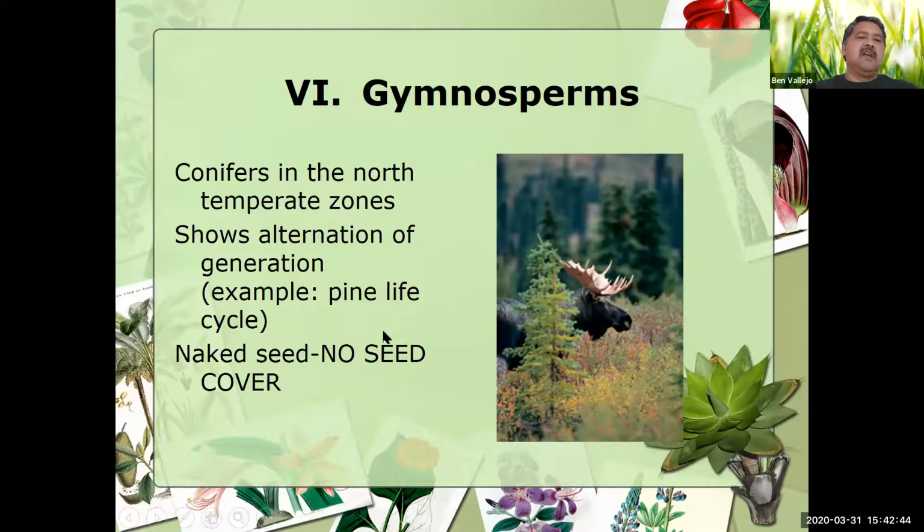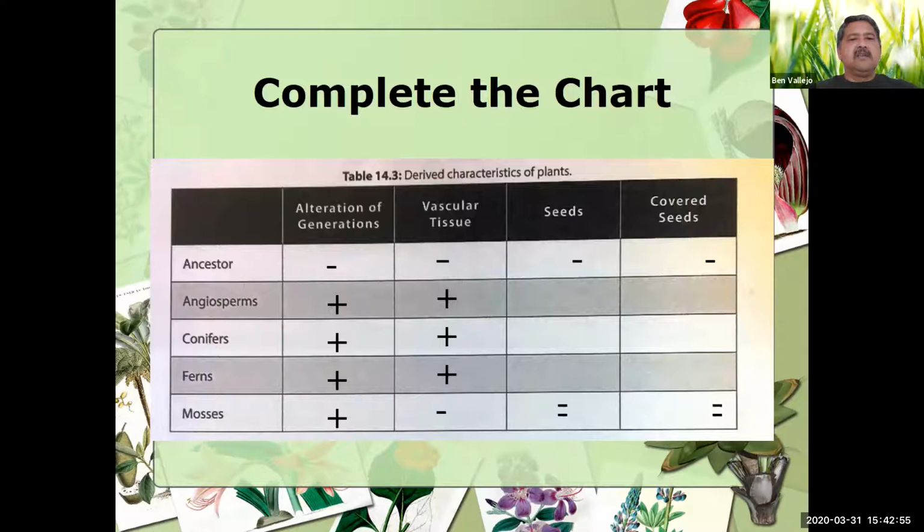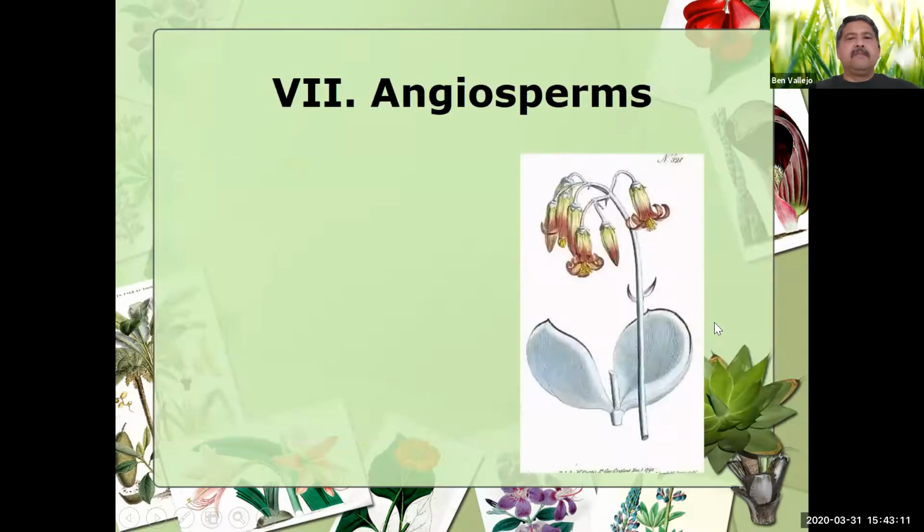Those seeds are naked, they have no seed cover, and Gymnosperms show that alternation of generation. So you can see right here, we have the conifers, the Gymnosperms, showing alternation of generation. And then as far as conifers go, conifers have a naked seed without a cover.